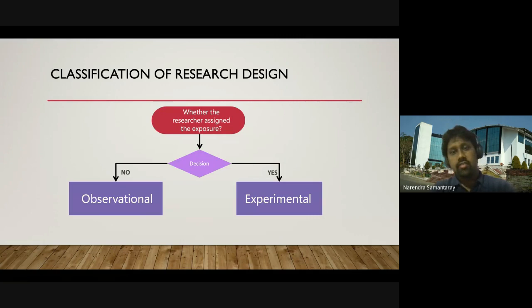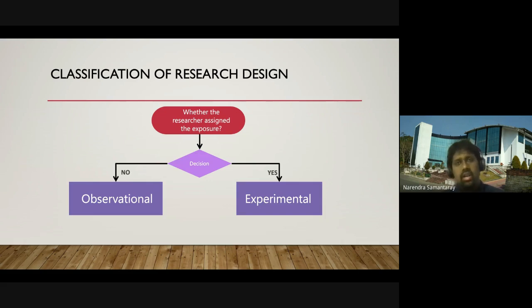If yes, I have manipulated the intervention, either given or added or subtracted certain things, then that is experimental. If no, the researcher has not done anything and is only observing the phenomenon as it is, then that is observational.